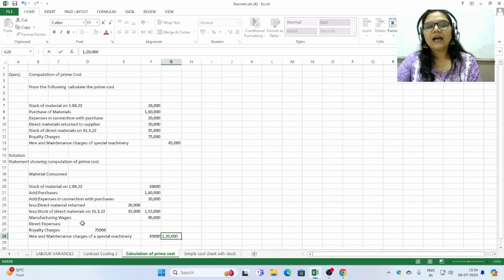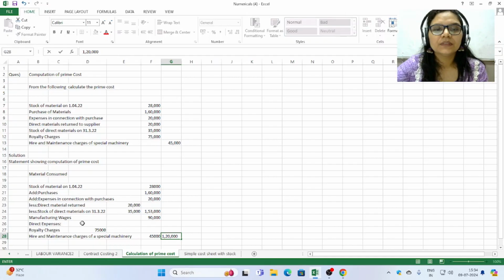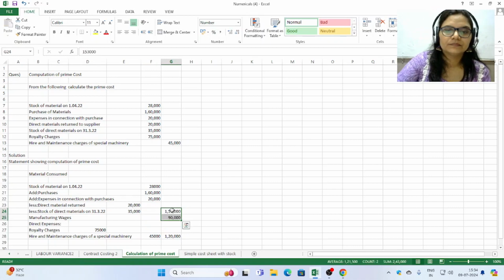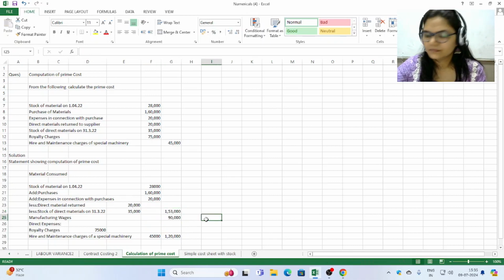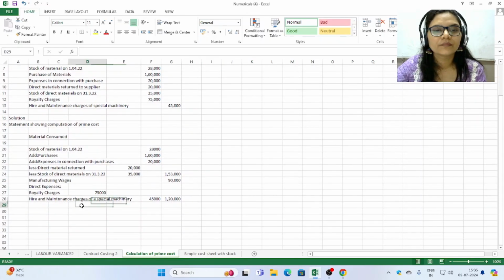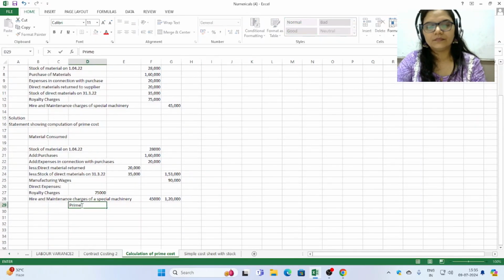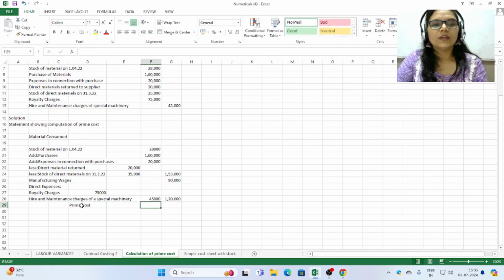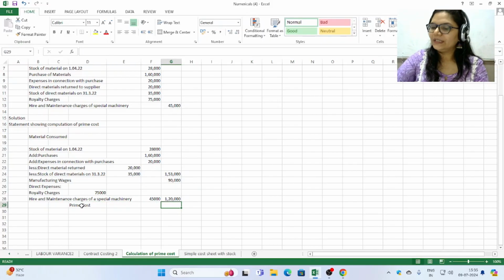Now, when we add these things, we will get the prime cost. Prime cost is 3,63,000.